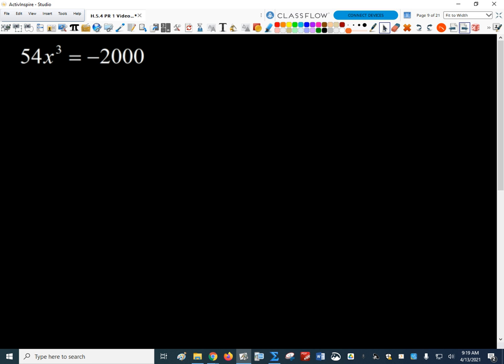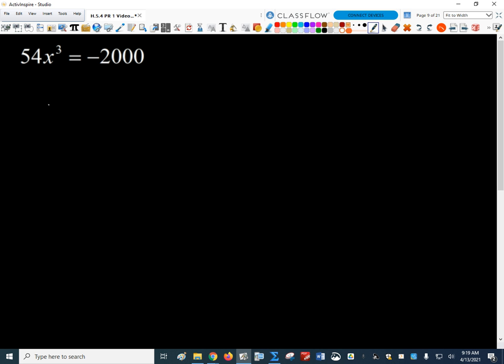Now, if I'm just trying to find the real zeros, yeah, I could just isolate the x. It's fine. But I want to find all the zeros. So if I want to find all the zeros, what am I going to do here? I've got to use a factoring pattern. Okay, set it equal to 0. Good. So we're going to add the 2,000 to the other side.